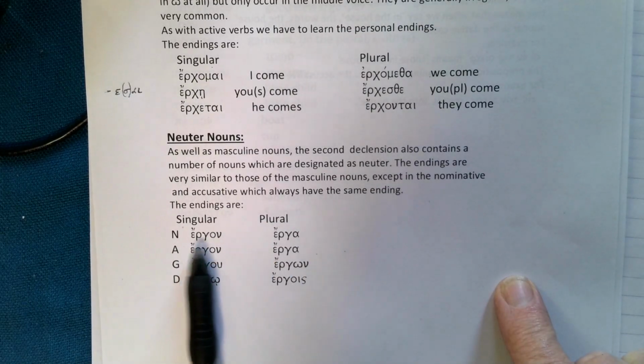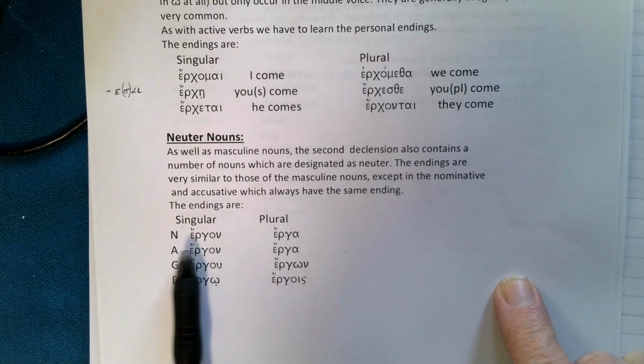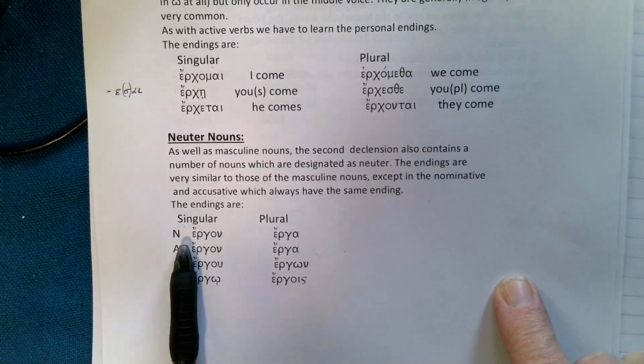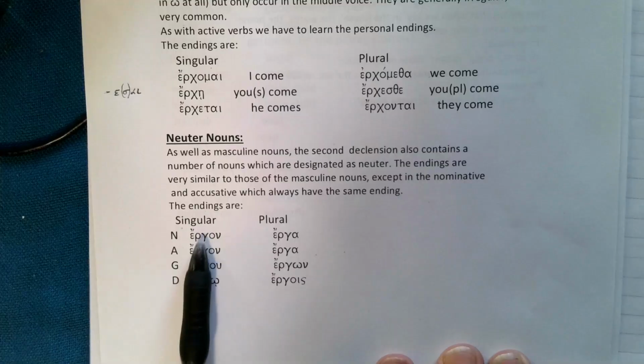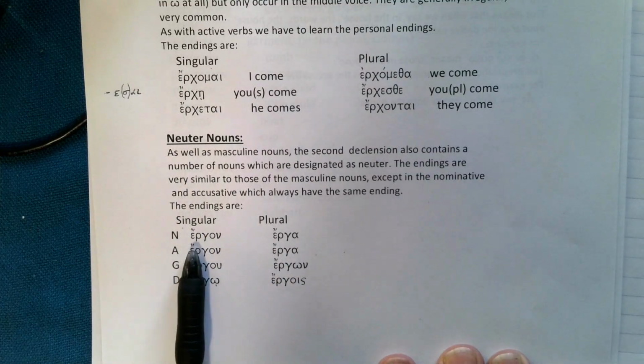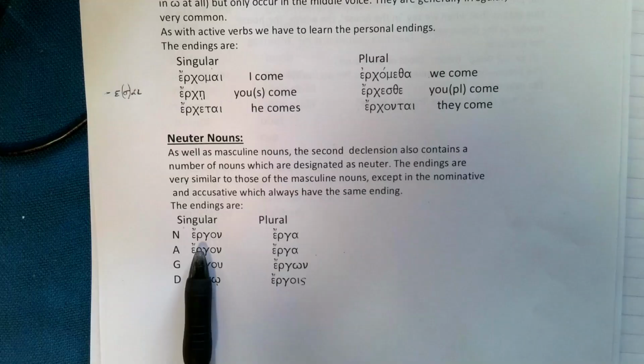So our model here is ergon. Originally there was a w in front of this, so the original form was wergon. The w drops out very early in Greek, and it's cognate with our word work. So ergon is the word for work. It is cognate with it.